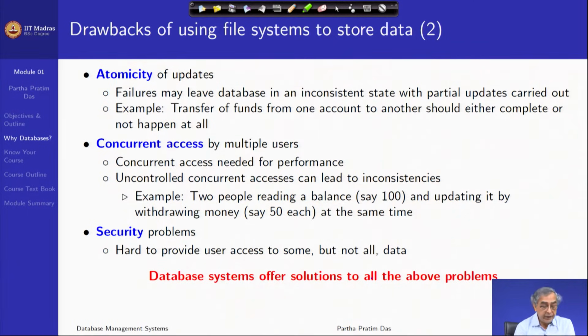Further, there are more fine issues, like atomicity is a big question. You are probably not so familiar with atomicity unless you have studied it in the operating system course. Atomicity talks about the fact that when I do something, to keep the consistency, it is important that I do the entire task or I do not do it at all. So, what am I talking about?